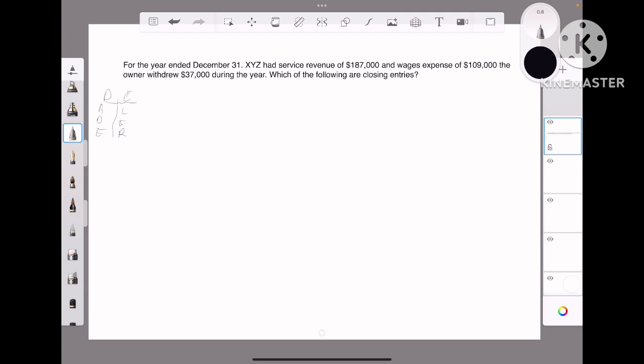Service revenue. So to close this account, you'll debit service revenue for $187,000, then we'll credit income summary $187,000.